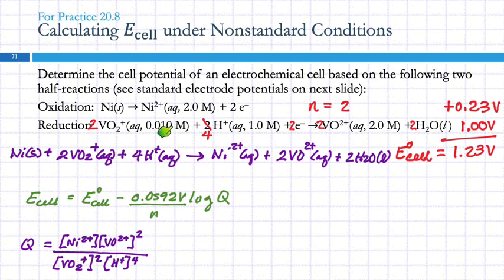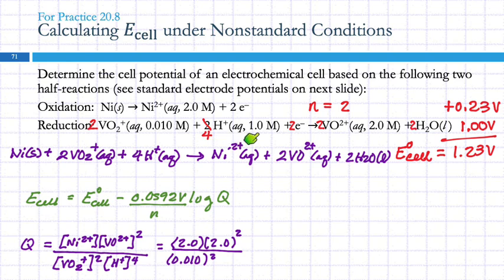They gave us all these concentrations up here, so all we have to do is plug them in. So the nickel ion concentration is 2.0. VO 2 plus is 2 also, 2.0. That one's squared. Divided by VO2 plus, which is 0.01, squared.